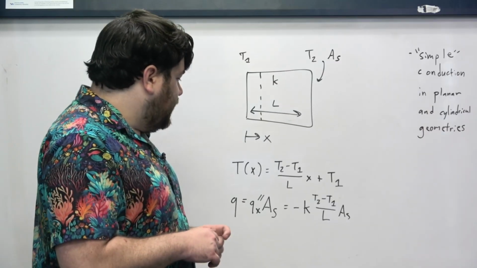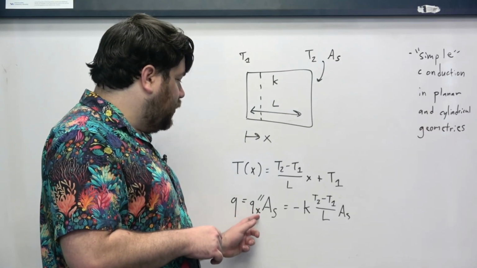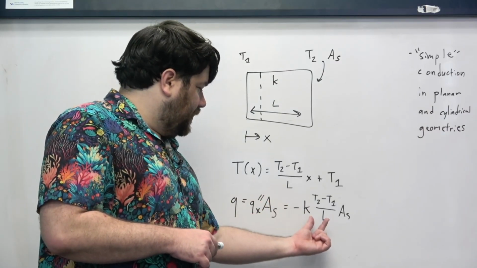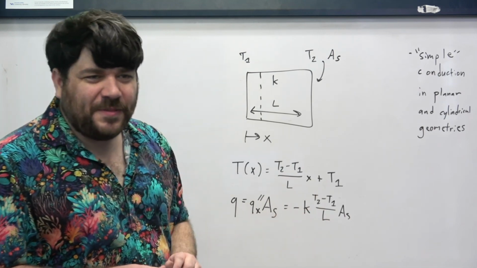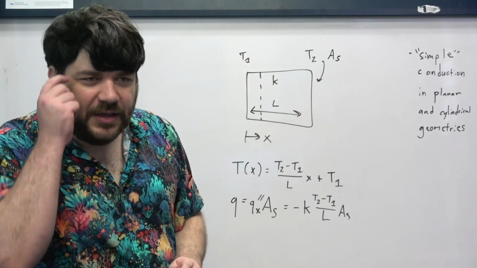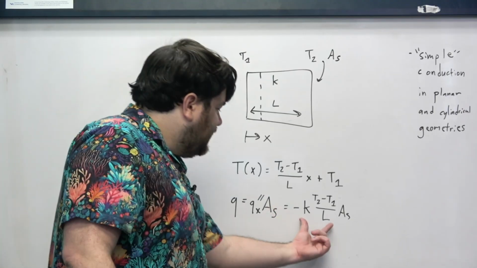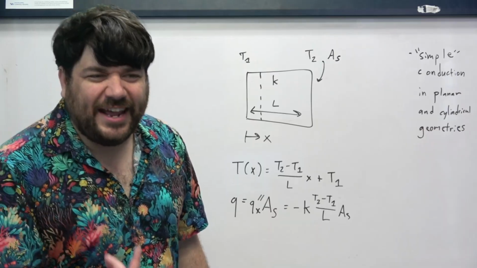Last but not least, notice, right, that Q double prime is just a constant, right? So minus k times this, all right? And what that really tells you is that this expression over here is not a function of x, all right?